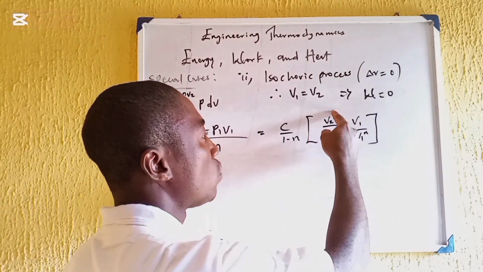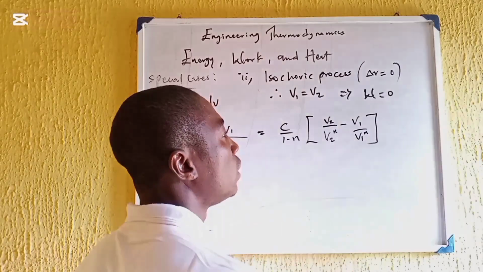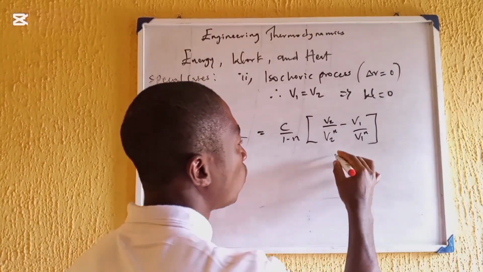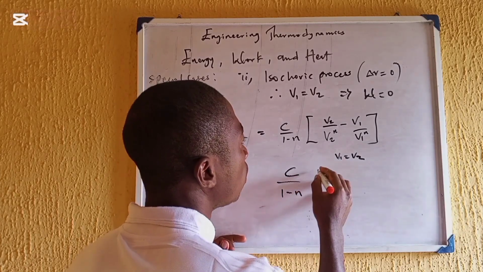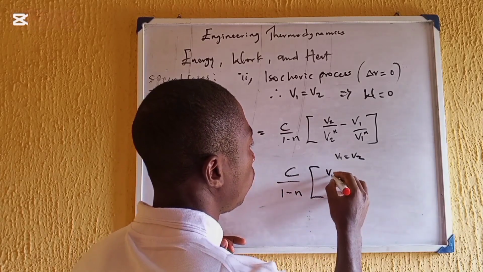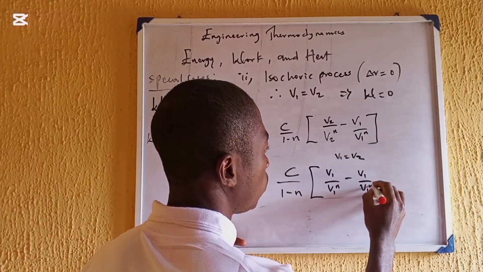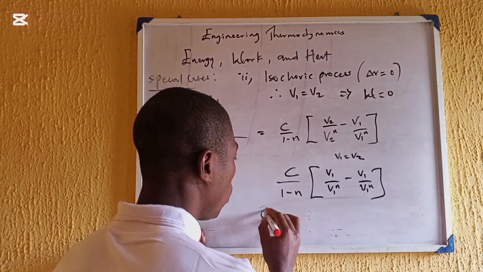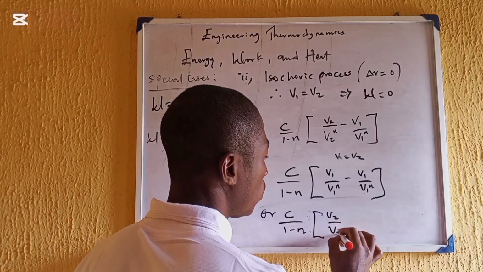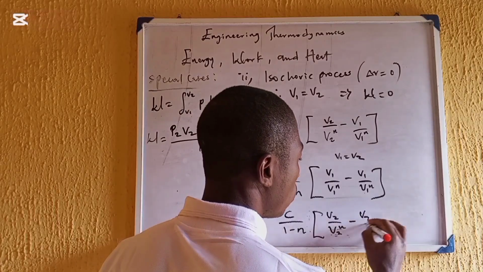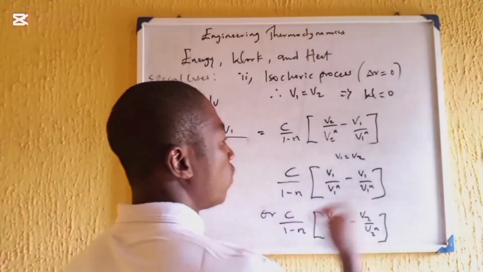Now, in a situation where V1 is equal to V2, we'll have C over 1 minus n into V1 over V1 to the power n minus V1 over V1 to the power n, or C over 1 minus n into V2 over V2 to the power n minus V2 over V2 to the power n. Now, this will give us 0.